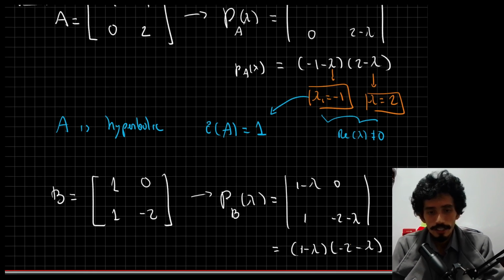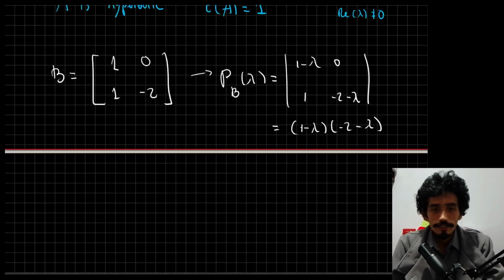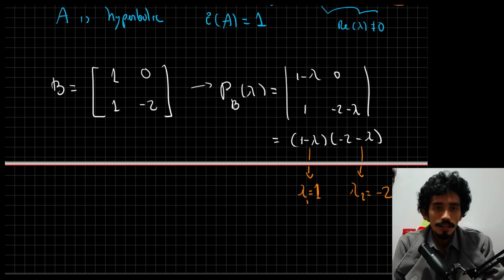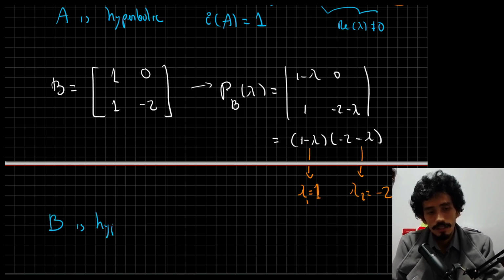The first eigenvalue will be 1, and the second eigenvalue will be -2. So both have a real part that is different from 0, then B is also hyperbolic. And it has one eigenvalue with a negative real part, so the stability index of this matrix is 1.